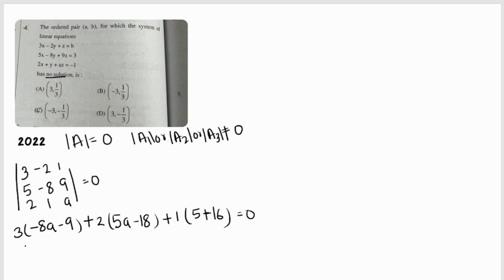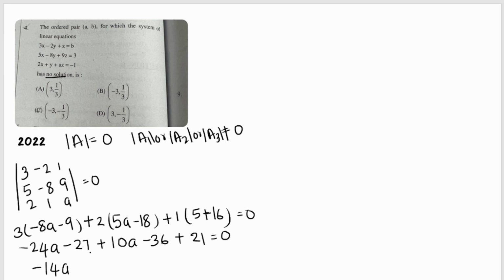Open the bracket. 3 into 8 is minus 24a. Then you have minus 27, plus 2 5s are 10, 10a minus 36 plus 21 equals 0. Then you have minus 14a solving. Minus 24a plus 10a is minus 14a.